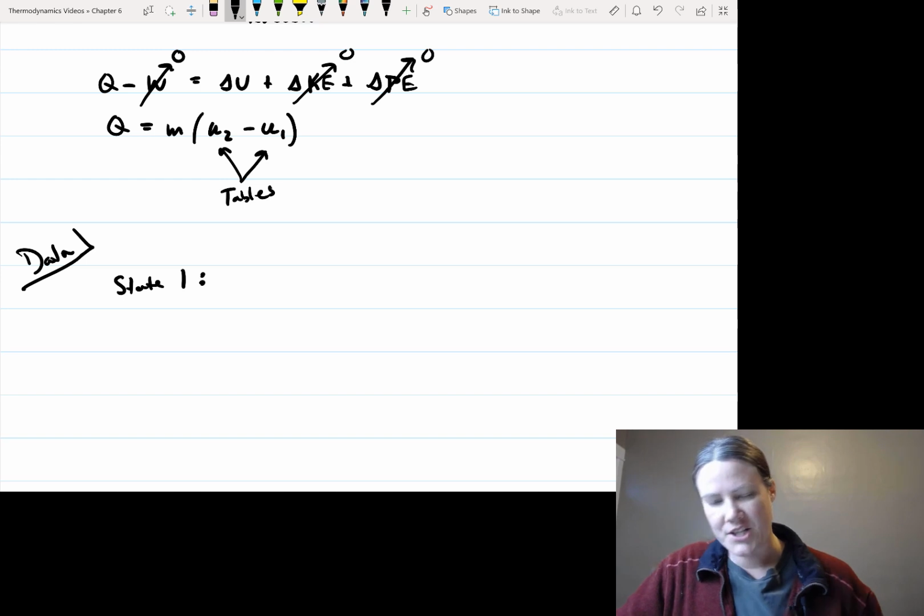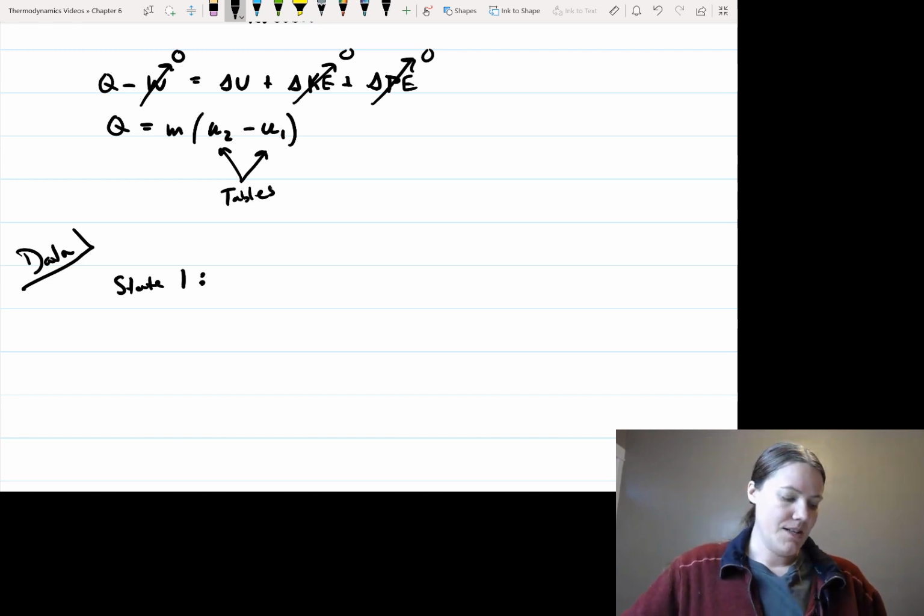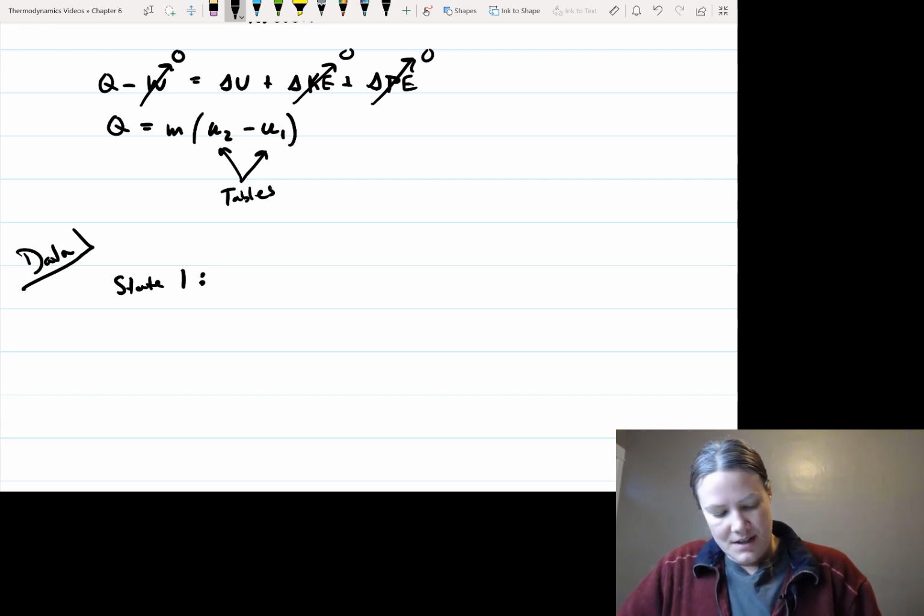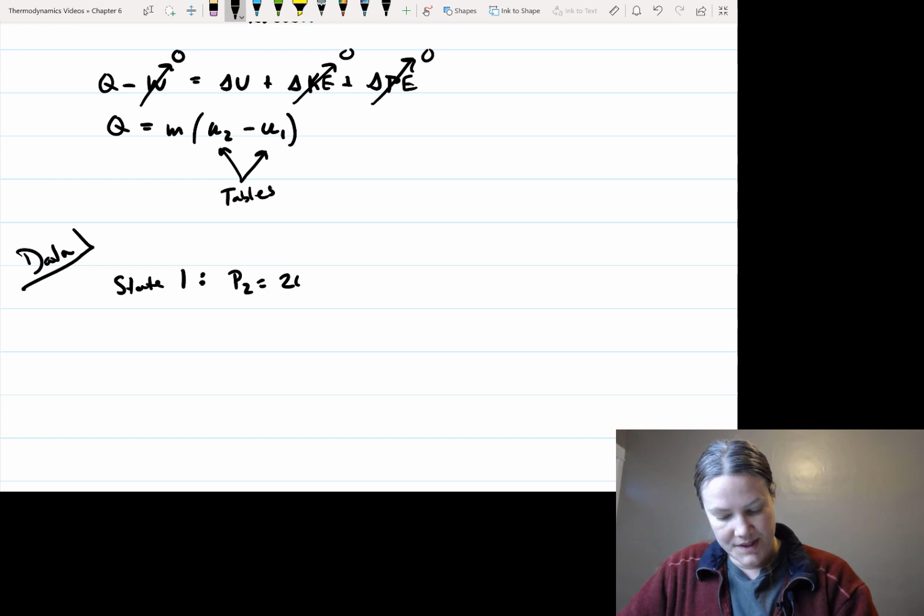All right, so I like to write down the information for each state that I'm actually looking up the data for, just so it's really clear. So for state 1, it gave us P1 was 200 kilopascals, X was 0.4. We knew this was a saturated mixture.